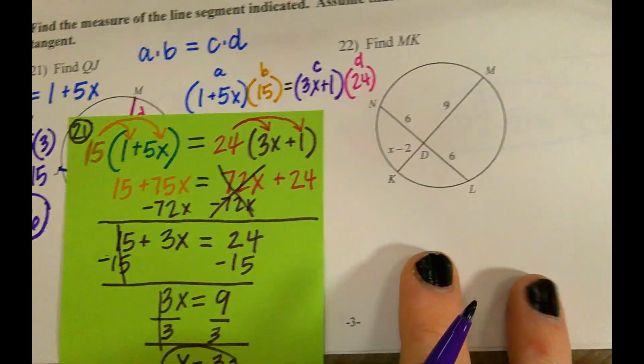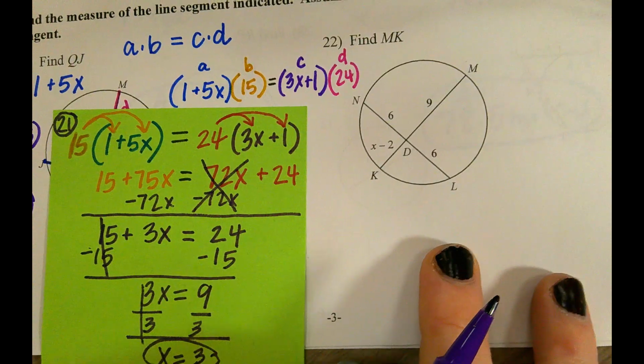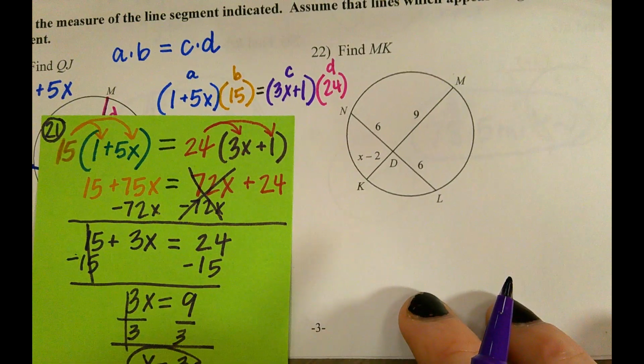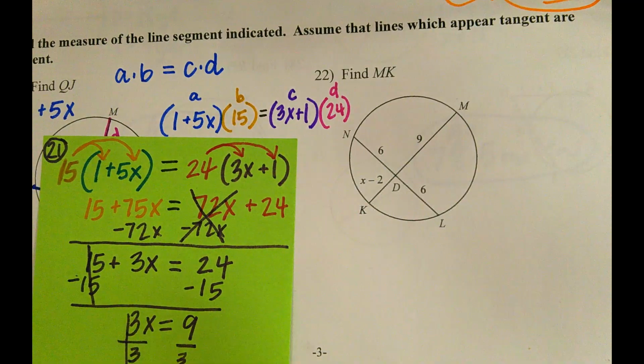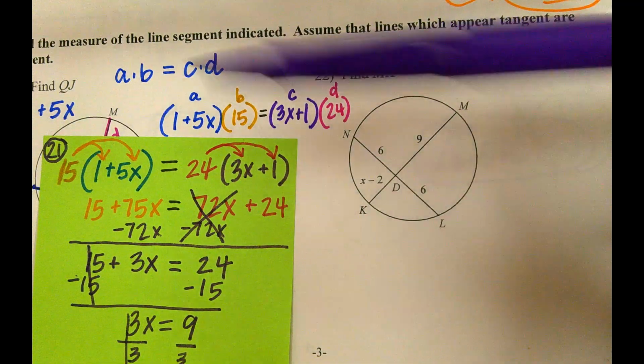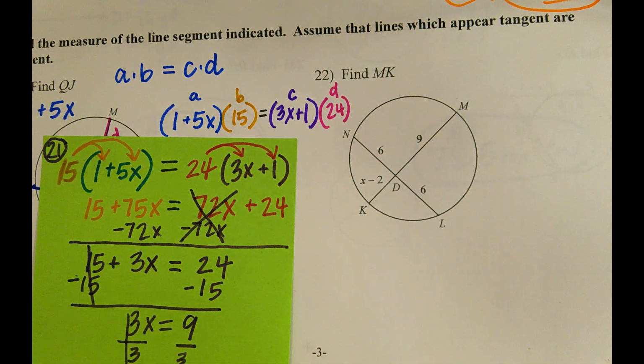Okay, so for number 22, will I be using the same equation as 21? The A times B equals C times D? Or will I need a different equation?